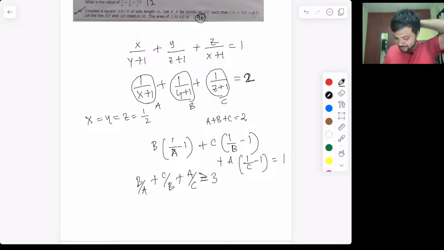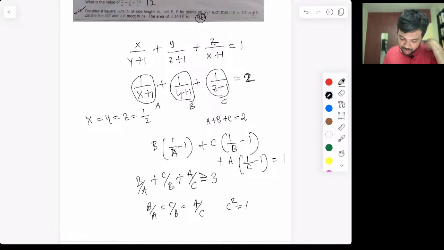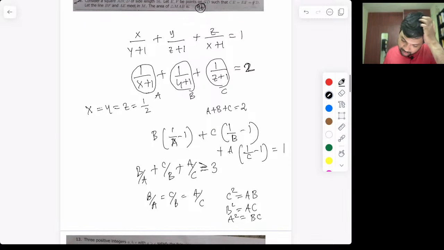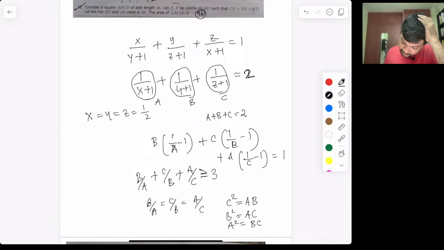So the equality case is when b by a equals c by b equals a by c, which means c square is equal to ab, b square is equal to ac, and a square is equal to bc, which should mean if you multiply it throughout, abc is equal to, so I think from there we will get a equal to b equal to c.